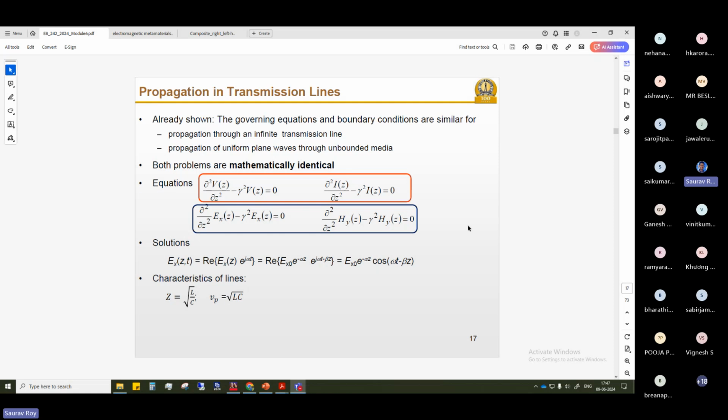Inside it becomes positive, but it has been shown that n itself becomes negative. When both epsilon r and mu r are negative, the refractive index becomes negative.